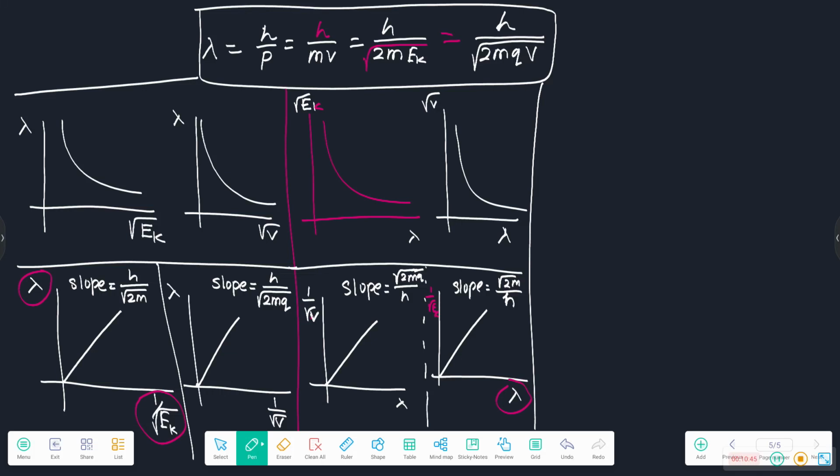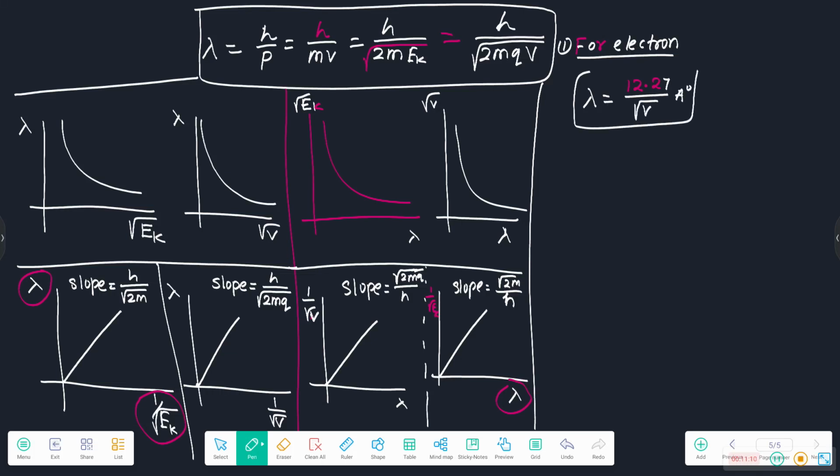Now next thing, for particles, so understand some particles. One particle I am taking is the electron. If an electron is accelerated through a potential v, then the de Broglie wavelength will be 12.27 divided by root v angstrom.